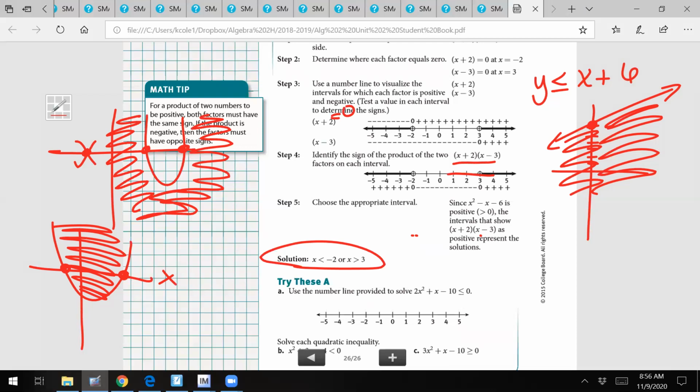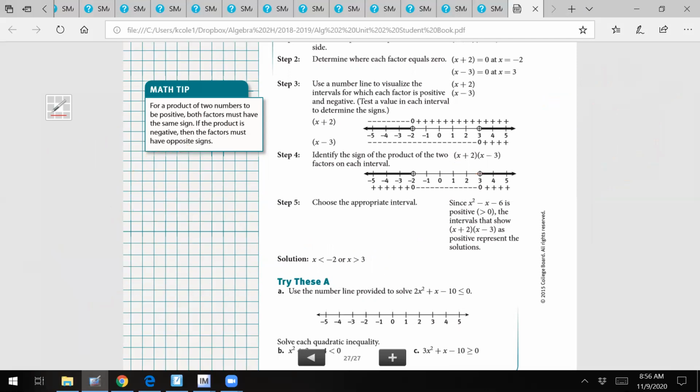Now, I kind of just grazed over this, but if your symbol is simply a less than or greater than, that means it's not including that point. So you have an open circle. If we were physically going to graph out our parabola, it would have a dashed line, because it's not included.